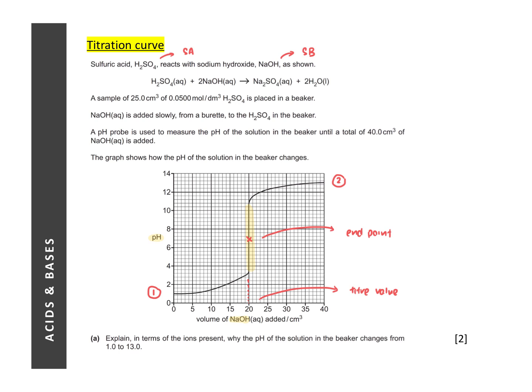So you have to first mention that at the start we have sulfuric acid, so there's a high concentration of hydrogen ions leading to the pH being very low. As sodium hydroxide is added, neutralization occurs, so your hydrogen ions are reacted away, and therefore the concentration of hydrogen ions decreases and the pH increases.